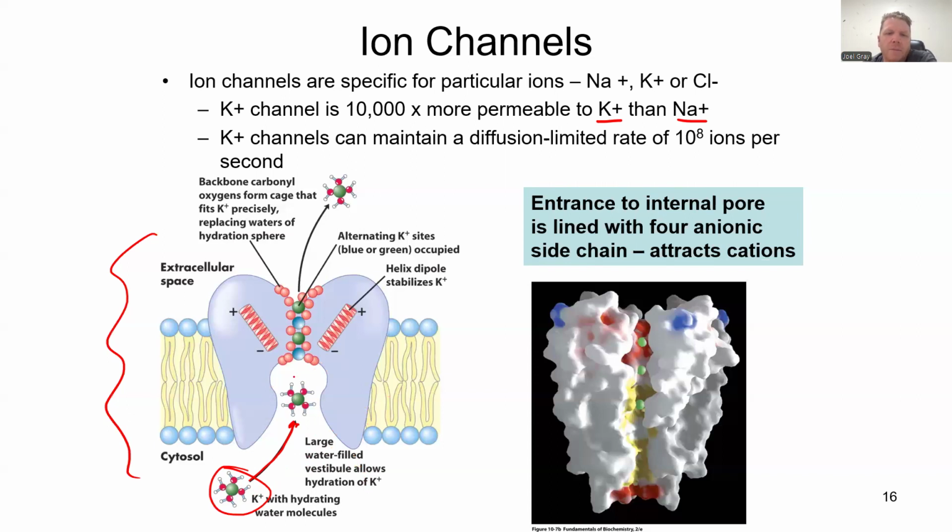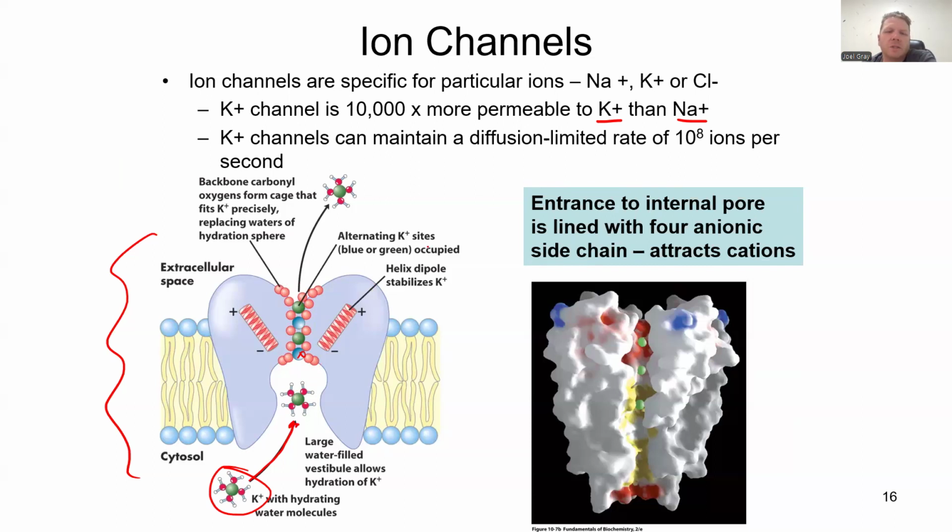Now, what's going to happen is that this hydrated potassium ion is going to meet where there's this channel, and there's basically a place where a potassium ion can bind right here, and then it gets slowly but surely progressed across to the other side of the membrane.